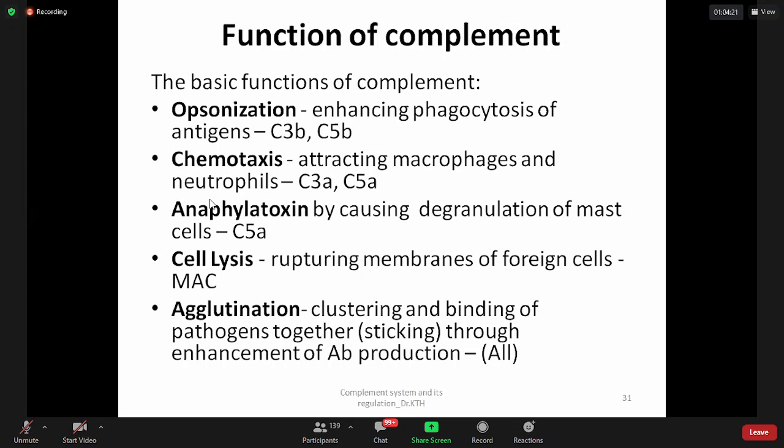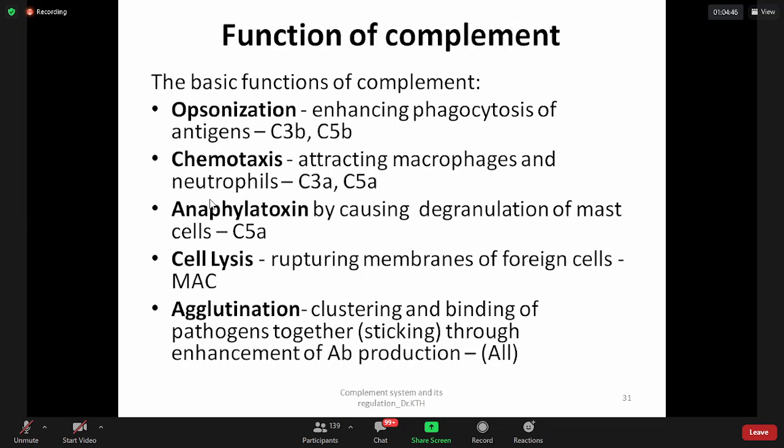Four is that complement is important in production of the membrane attack complex, which causes cell lysis. And through this cell lysis, you end up rupturing the membranes of the foreign cells. And then finally, this complement is important in agglutination.